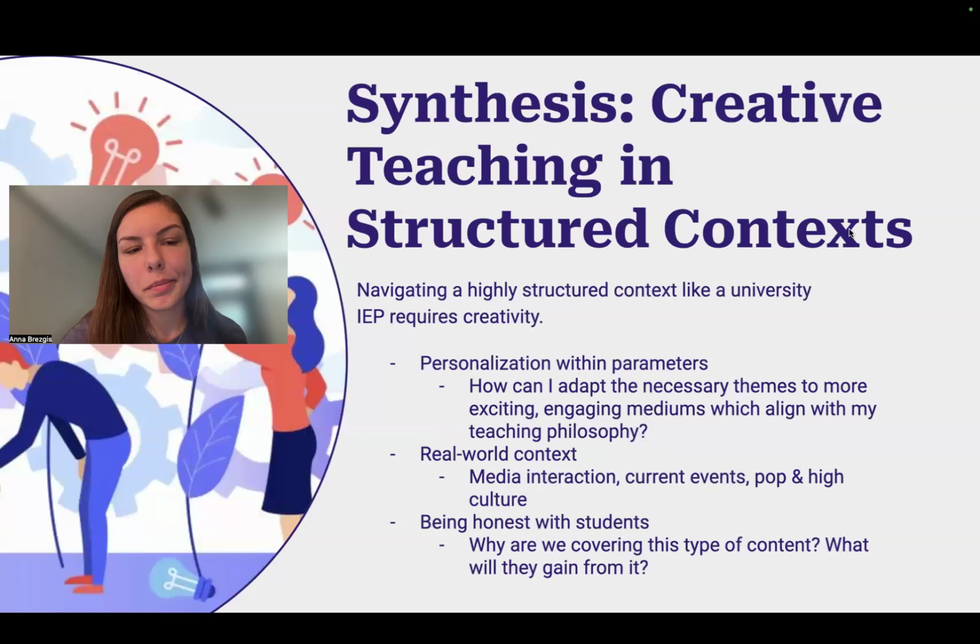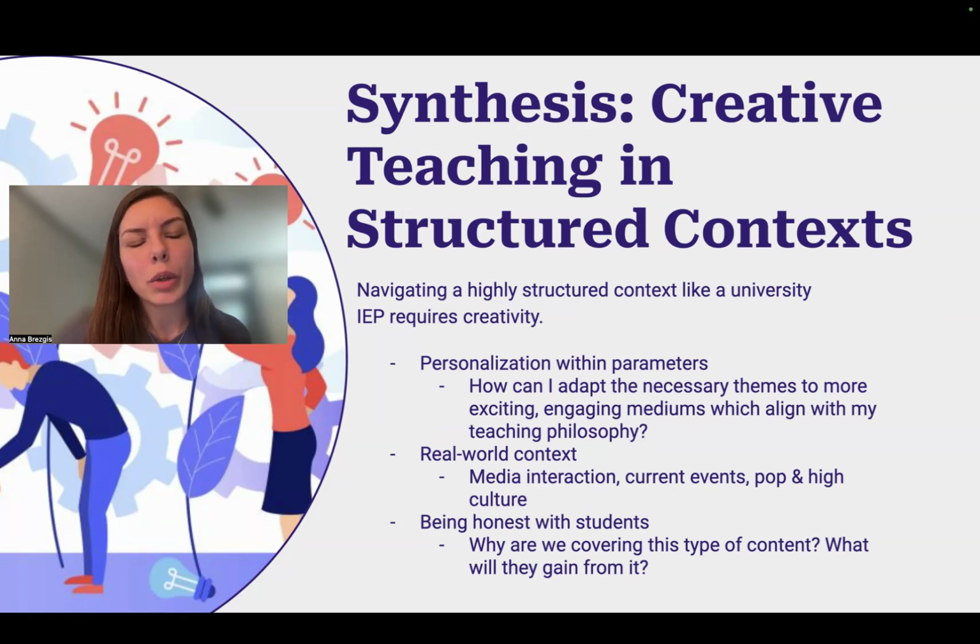I think here I'm going to talk about creative teaching in structured contexts. So, the IEP is a highly structured context, and it requires creativity in order for your teaching to align with your inner teaching philosophy, in a place where you have a lot less freedom in curriculum design.